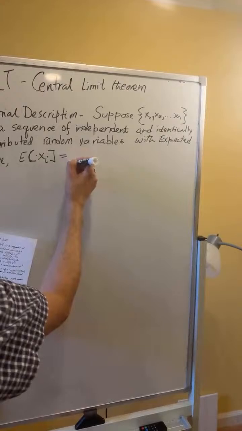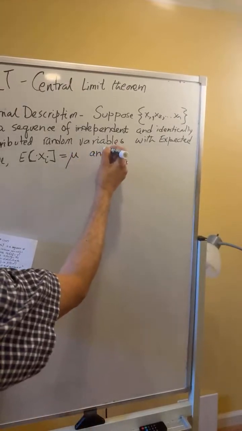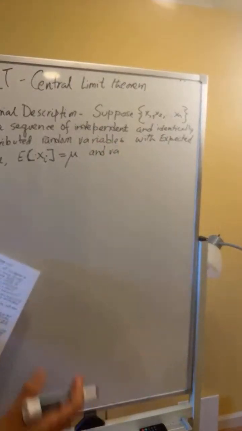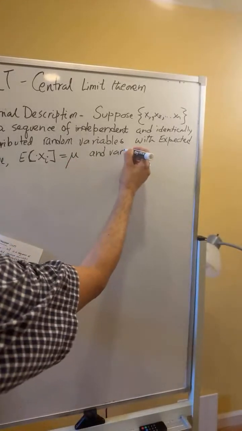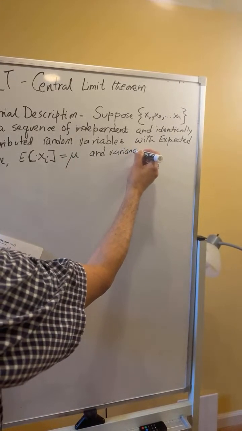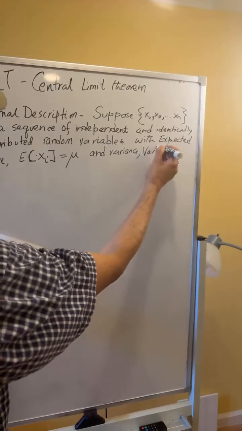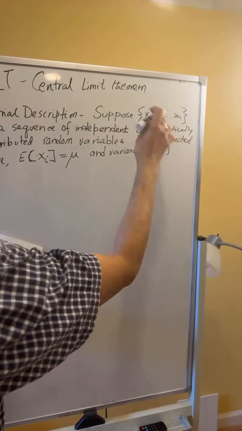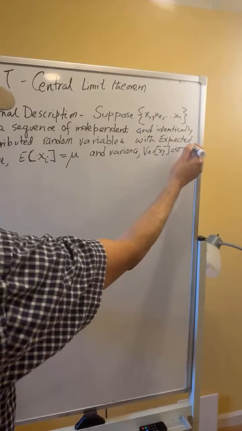That is, the expected value is equal to mu, and variance, which you know is the square of standard deviation, the square of the average deviation of a number from the center, which is given by variance of Xi, again i from 1 through n, is equal to sigma square.